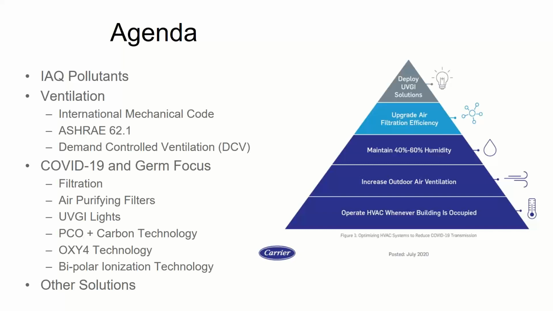So that's our agenda here. You see that pyramid over there. I stole it from Carrier, obviously, because you can see the Carrier logo. But I don't know if they made that or if they stole it from somebody else. I've seen it or similar versions of it in numerous places. So we're going to build our discussion that way, starting from the bottom up, if you will. The most important thing is you have to operate the HVAC system, otherwise you're not going to have any of this stuff working. That goes without saying.